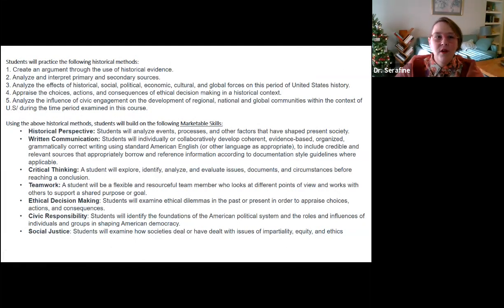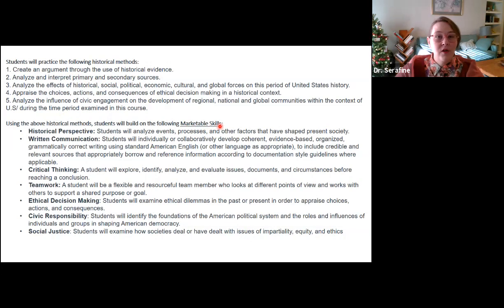In your first two content modules, this module and Module 1, we're going to focus on analyzing and interpreting primary and secondary sources, creating an argument through the use of historical evidence, and appraising ethical decision-making. Now, these skills also map to what the college has identified as marketable skills, meaning these are skills that are transferable not just to other classes, but to your professional career as well.